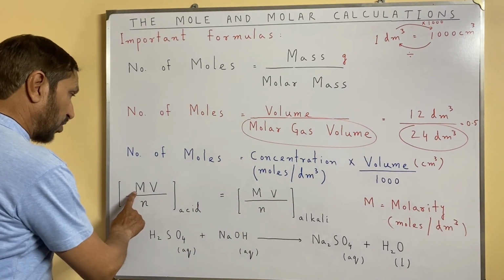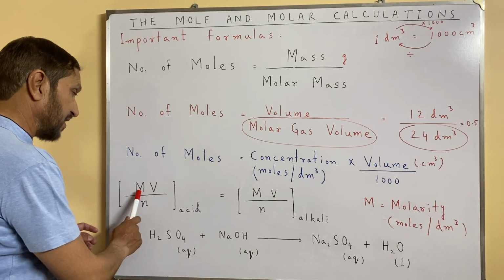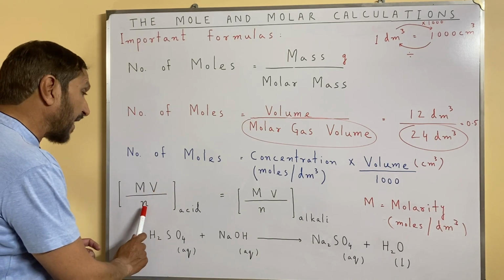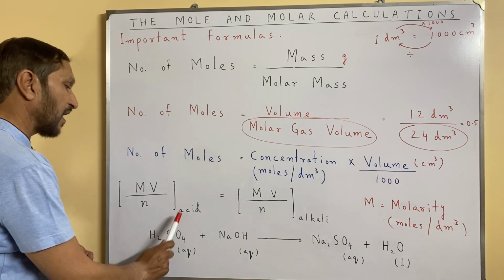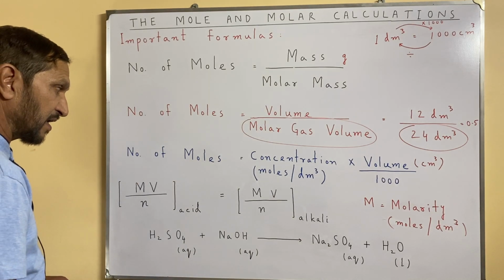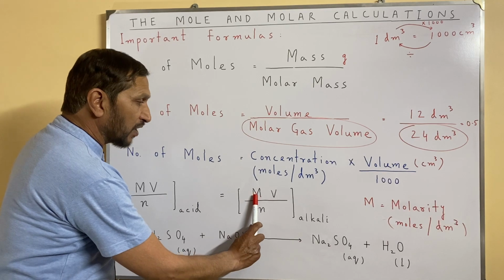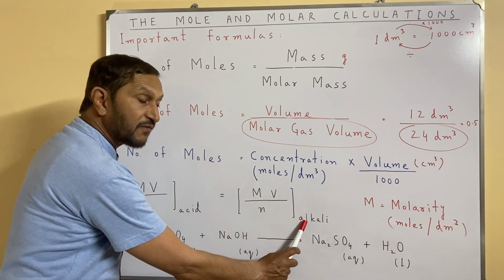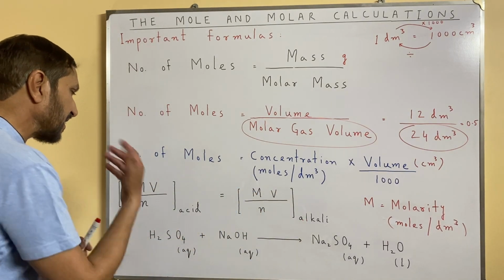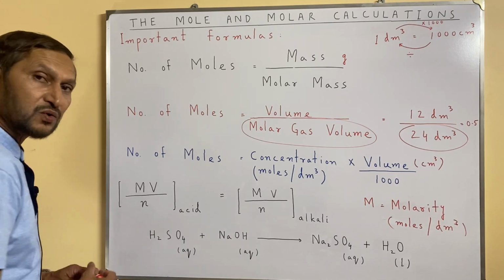So here M stands for molarity, V for volume and N for number of moles of an acid, for instance. And on the other side of the equation, it is the molarity, volume and number of moles of an alkali. For instance, let's take the example of this particular reaction.